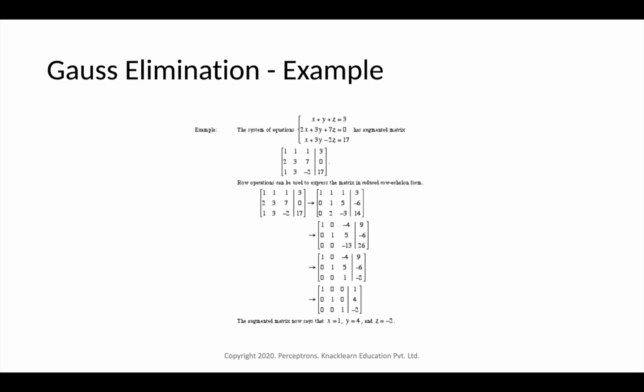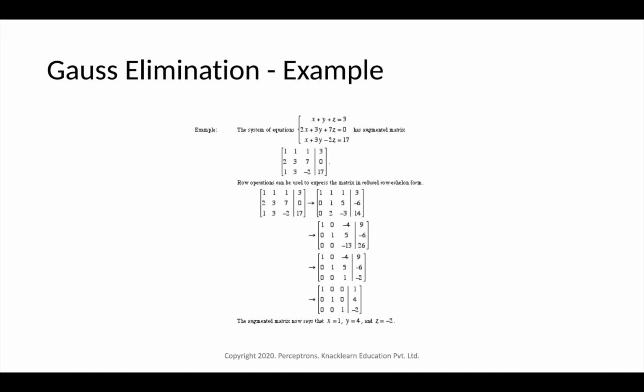Similarly, you have to keep on doing these steps till all the leading entries are 1 and all the other values apart from the leading entry within the matrix are 0. You can see the last one we are getting is 1 0 0 equals 1, 0 1 0 4 and 0 0 1 minus 2. From this we can say x is 1, y equals 4 and z equals minus 2.